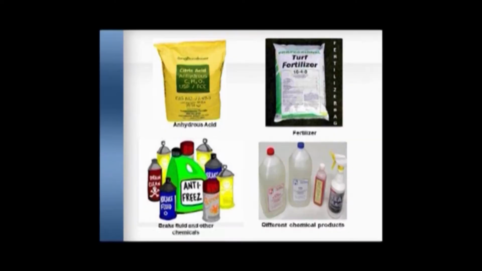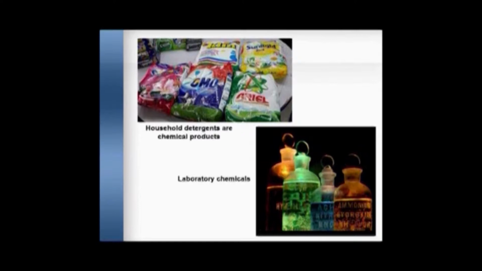Now take a look at these pictures. Anhydrous acid, fertilizer, brake fluid and other chemicals, different chemical products. Household detergents are chemical products. Laboratory chemicals. What are chemicals?